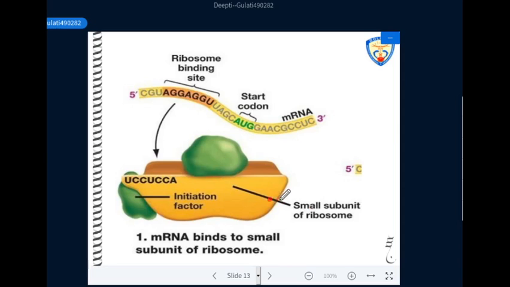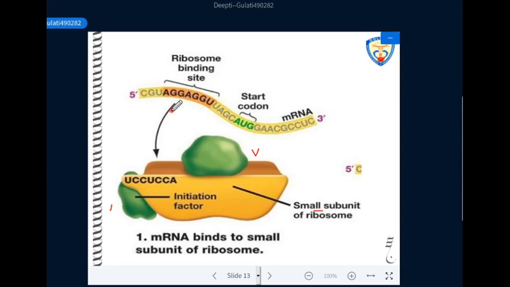This is a 30S subunit shown in this image in yellow, the small subunit of the ribosome already attached to two initiation factors, IF1 and IF3. And it has a sequence UCCA. This sequence is present in the 16S rRNA, and it is complementary to the Shine-Dalgarno sequence, which is also known as the ribosome binding site.